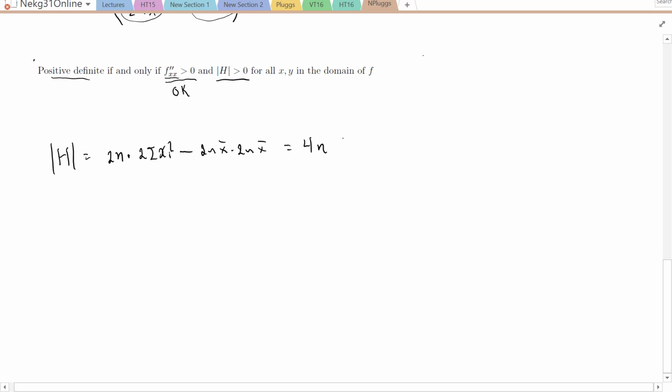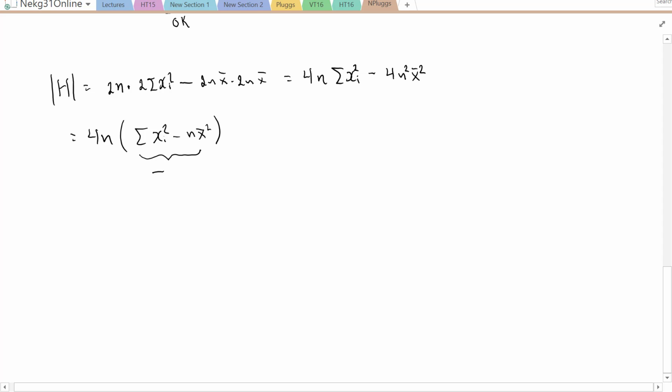And that's equal to 4n summation xi squared minus 4n squared x bar squared. We can take out 4n, and then it says summation xi squared, and then we are left with n x bar squared. And this expression, we used this before, you can write that as summation of (xi minus x bar) squared.